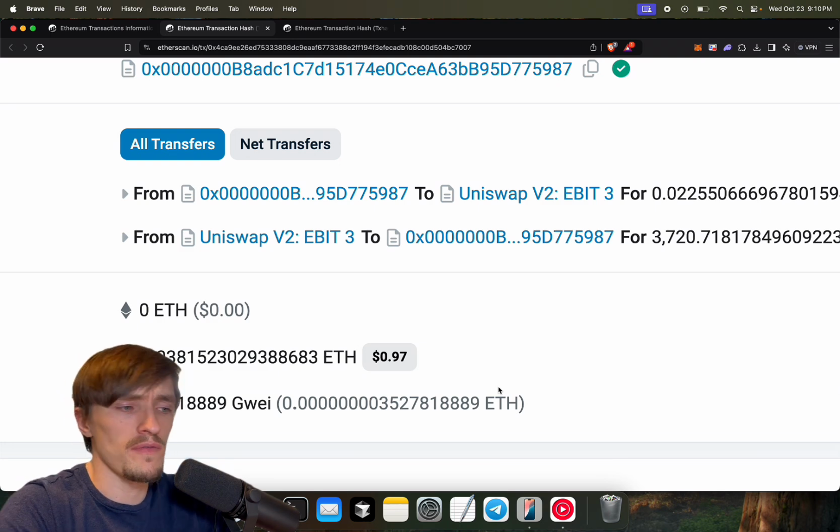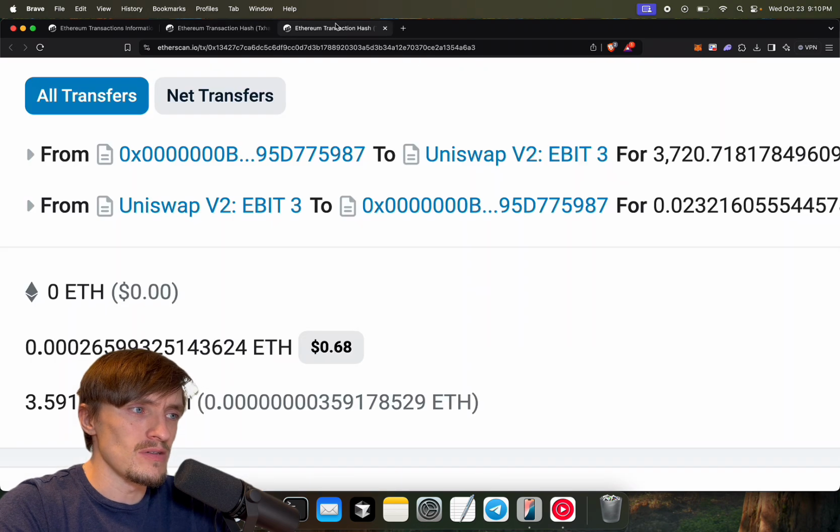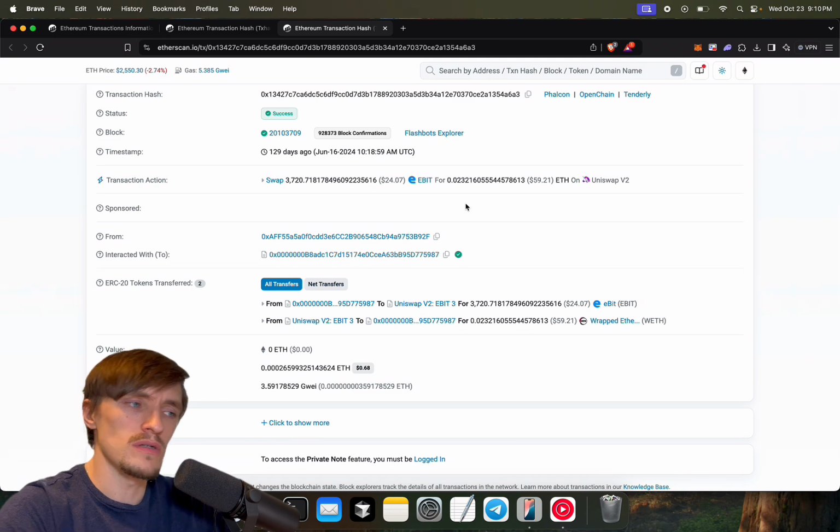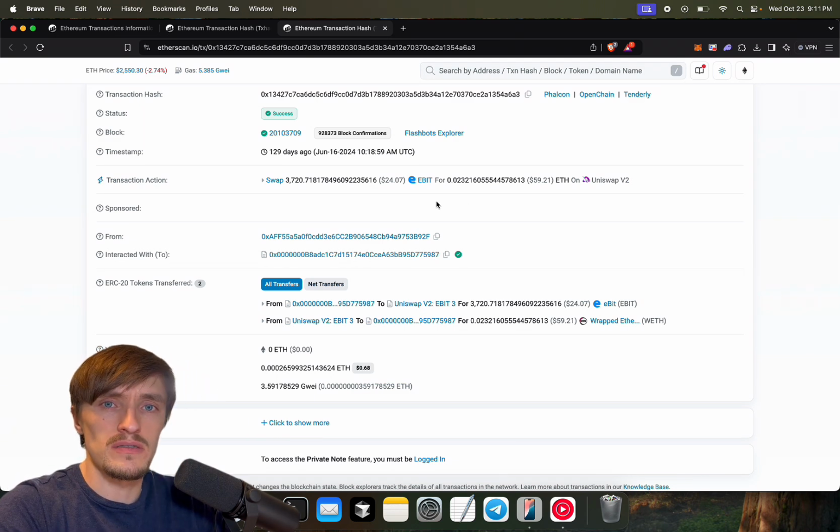You are left with 40 cents or 30 cents with one bundle. Now that's nothing, right? It's very little, but when it comes to sandwiching, there's a very high level of competition out there, so you can expect these types of returns unless you make some improvements over it.